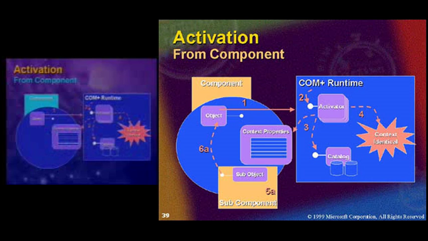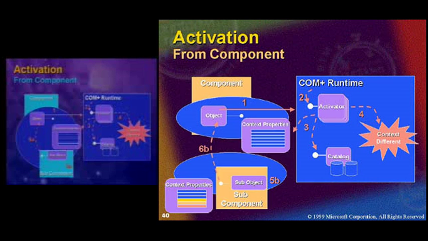Okay, if all of the properties in the context, once the activator chain has completed its work, are identical, then we're going to create the new object in the original context. So if there's no difference, the object will get created in the caller's context. And the interface pointer will be returned back to the caller.